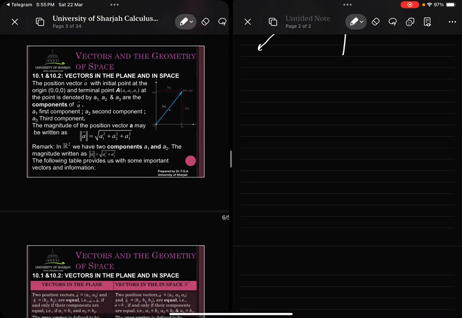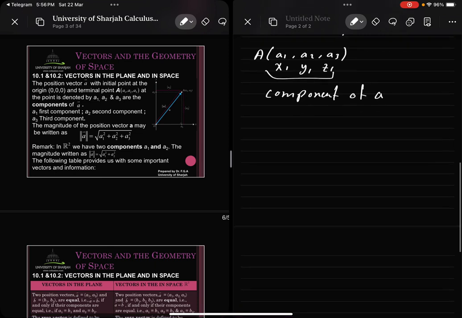The position vector A with an initial point at the origin (0, 0) and terminal point (A1, A2, A3) is denoted by A1, A2, and A3, which are the components of A. So A1 is the first component, A2 the second component, and A3 the third component.